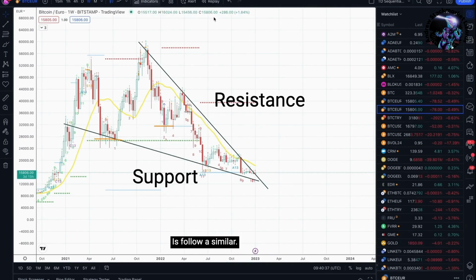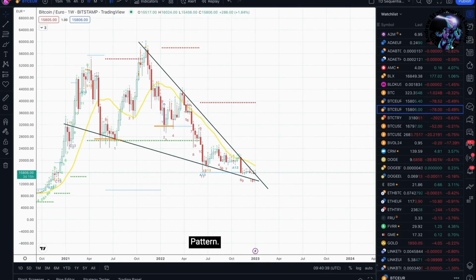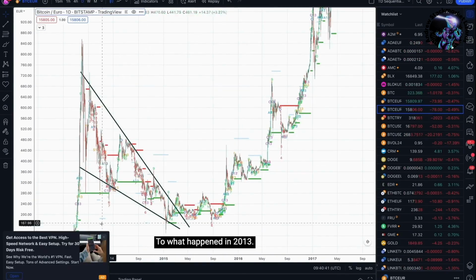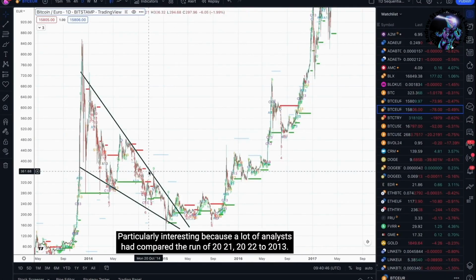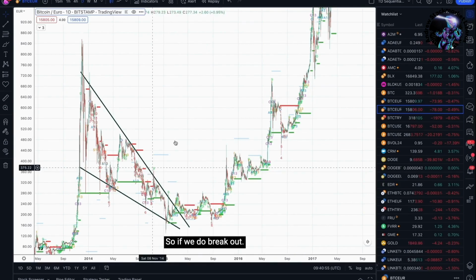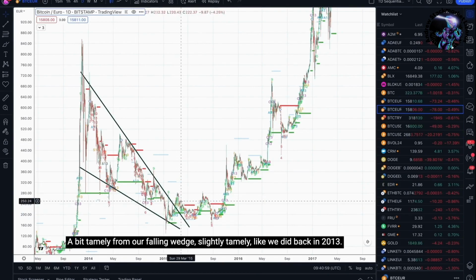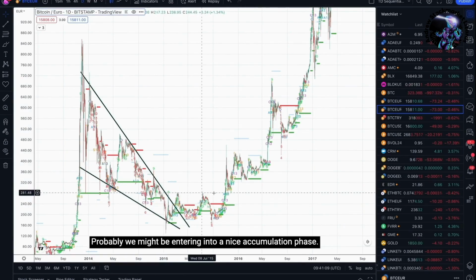is follow a similar pattern to what happened in 2013, which I find particularly interesting because a lot of analysts had compared the run of 2021, 2022 to 2013. So if we do break out a bit tamely from our falling wedge, slightly tamely like we did back in 2013, probably we might be entering into a nice accumulation phase.